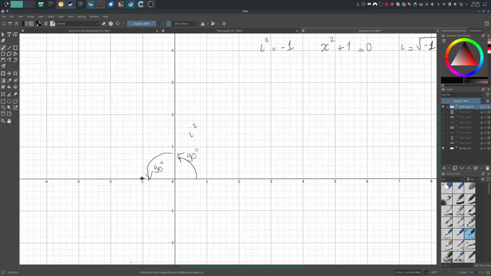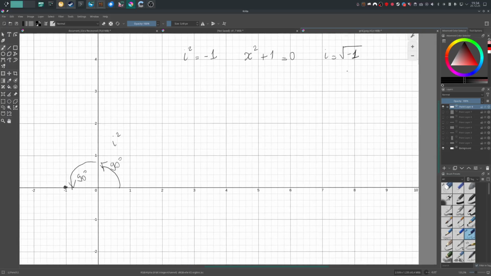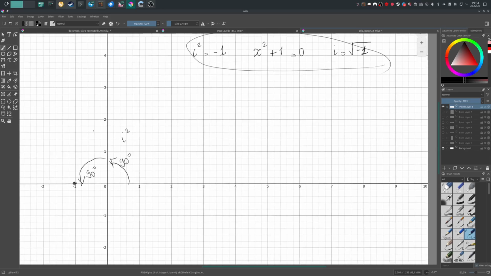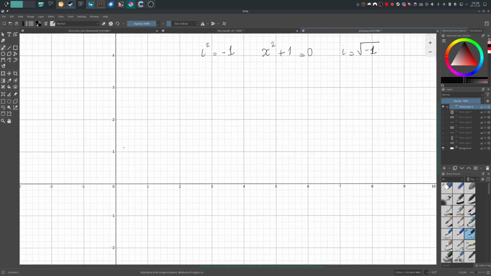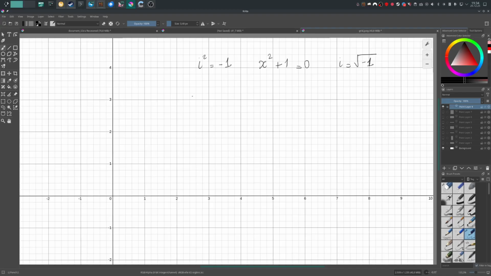But this is confusing, I believe. I think it is very confusing, but when you think about it like a rotation of 90 degrees, then you can make sense of it more. I find it more intuitive. For instance, what is the square root of i? Could you tell?